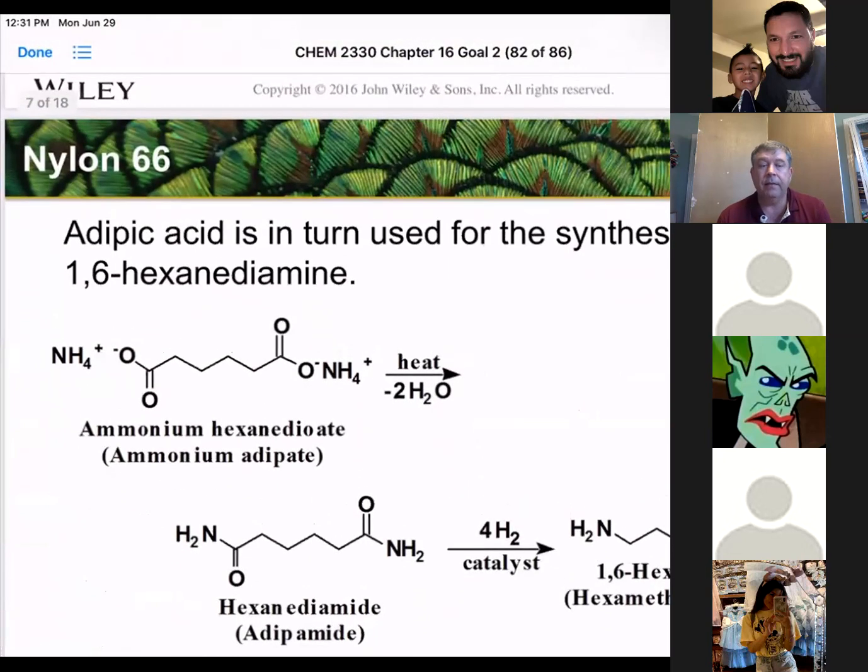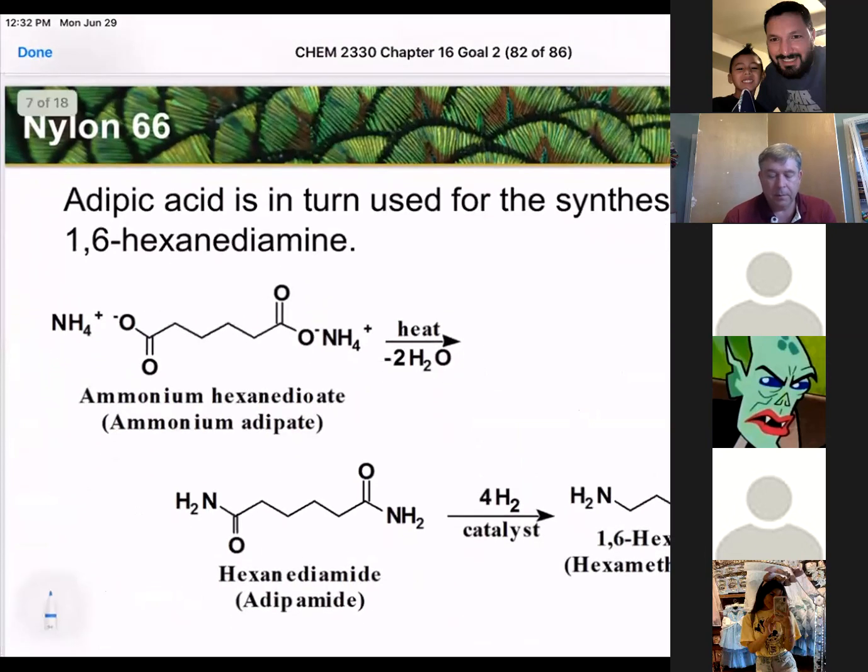So to make the amine portion of this, one of the reactions we can use to make primary amines is we'll make an amide first by making the salt of the carboxylic acid. Notice there's 6 carbons in the chain here.